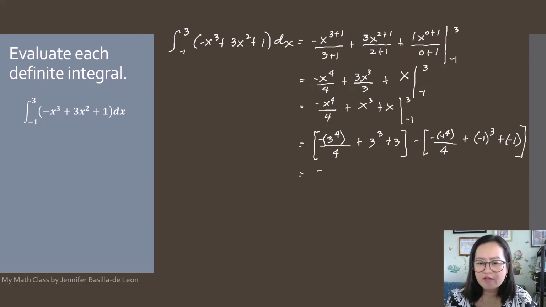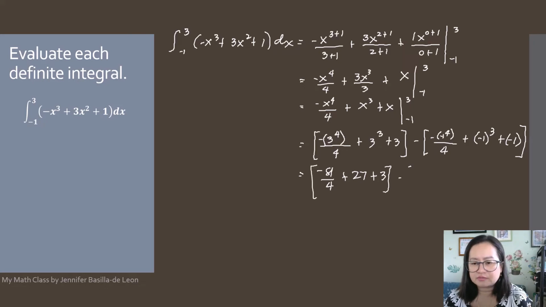Simplifying, we shall have 81 over 4 plus 27 plus 3. Then we have negative 1/4 minus 1 minus 1.